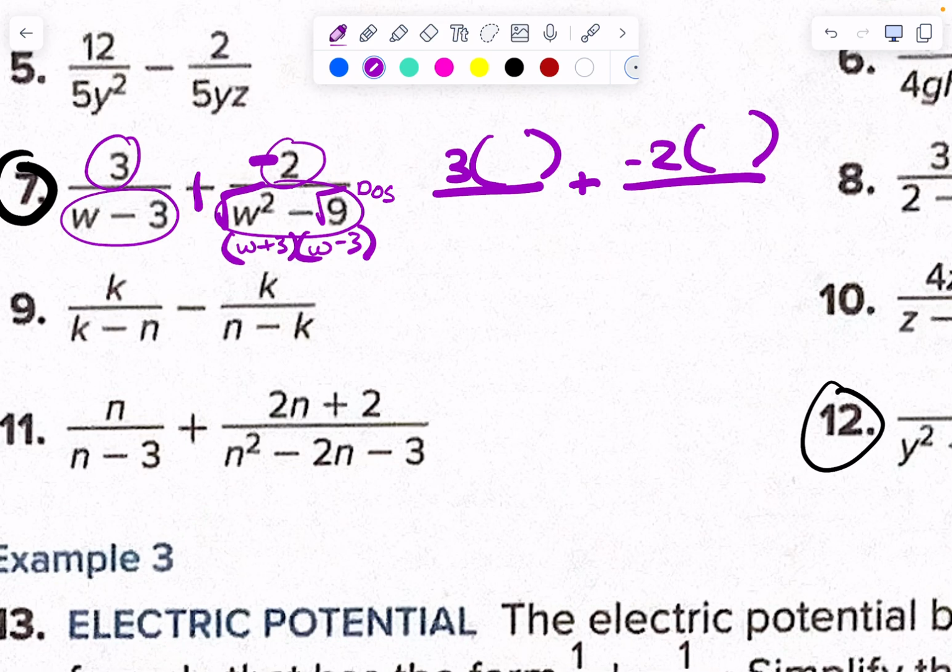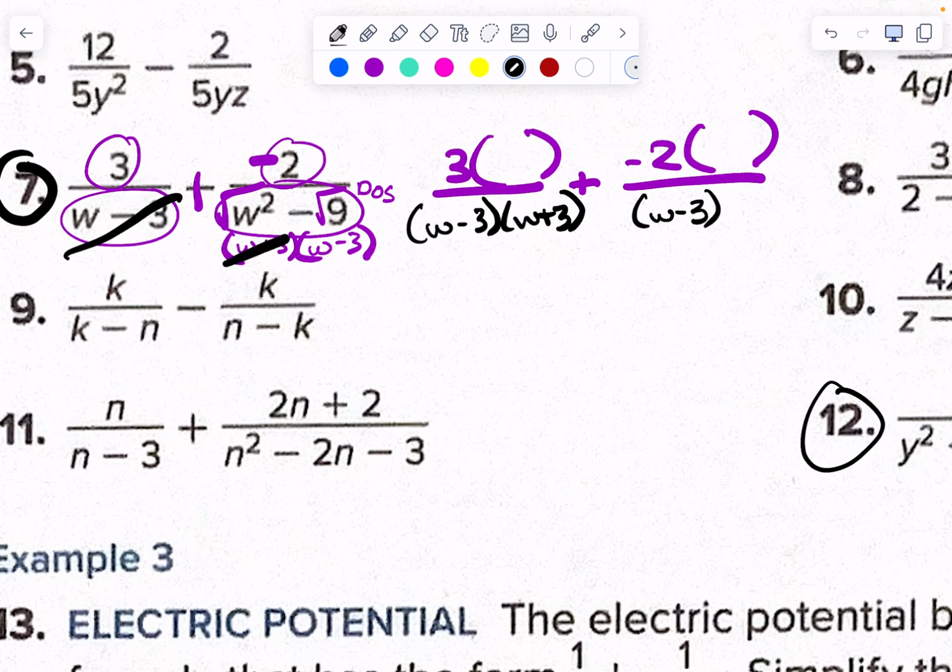We have to find our common denominator first. So this one we broke down as W plus 3, W minus 3. When I do my common denominator, I have 3 pieces to look at. The first is W minus 3, I know I need it. The second piece is W plus 3, so I need W plus 3.